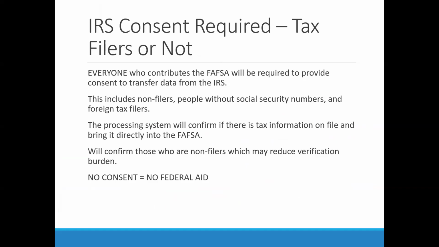This includes non-filers and people without Social Security numbers and foreign tax filers. The processing system will confirm if there's tax information on file and will bring it directly into the FAFSA. It also will confirm those who are non-filers, which may reduce verification. And those who do not consent will not be eligible for federal aid.